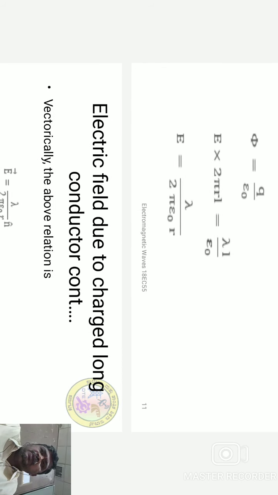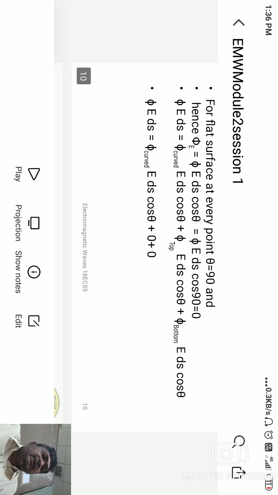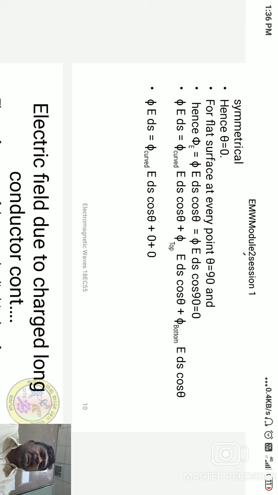In vector form, it can be represented as E equal to lambda upon 2 pi epsilon naught r, multiplied by the unit vector, where lambda is the charge density of the conductor. This is the electric field for an infinitely long conductor carrying the charge Q. For this we have applied the Gauss law and calculated the electric field.